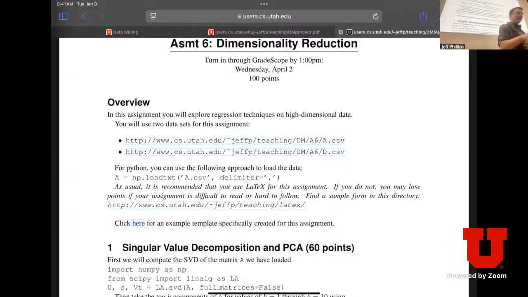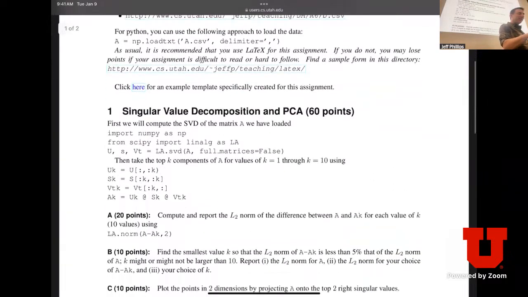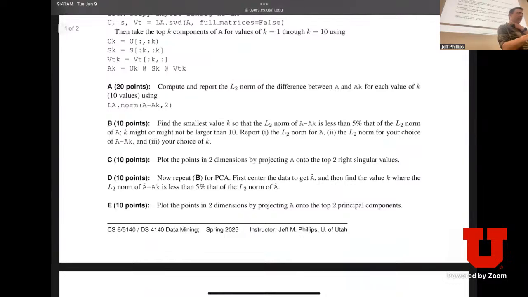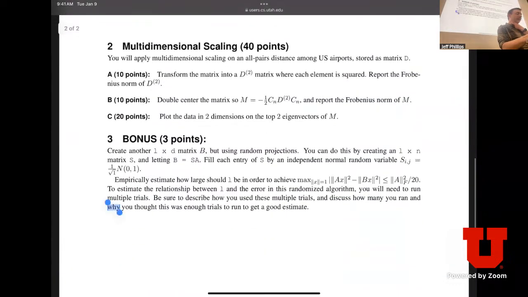I'm just forcing you to walk through the differences between SVD and PCA, learn how to project these in 2 dimensions, and look at multi-dimensional scaling, which we'll talk about in the distance metric learning part of the class.